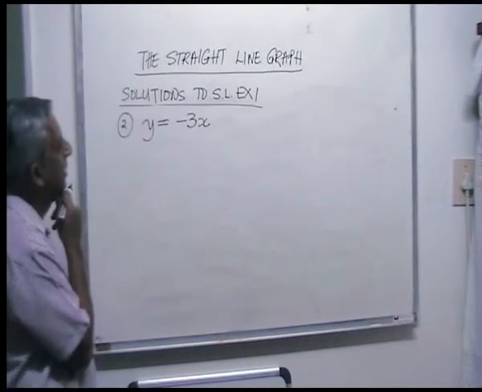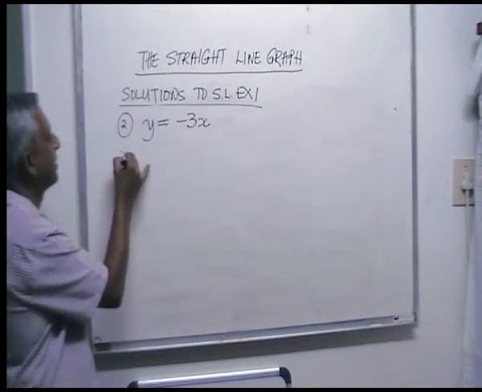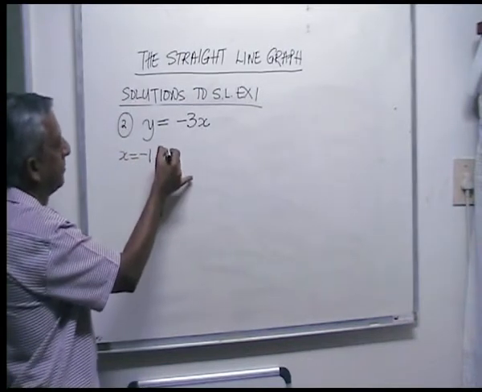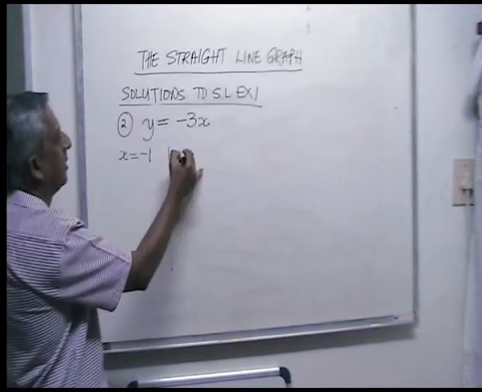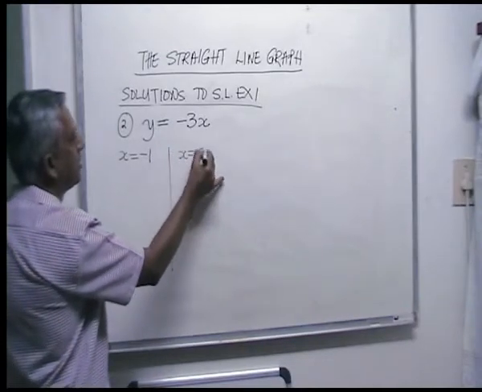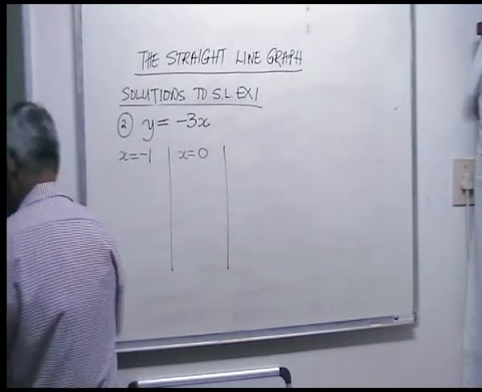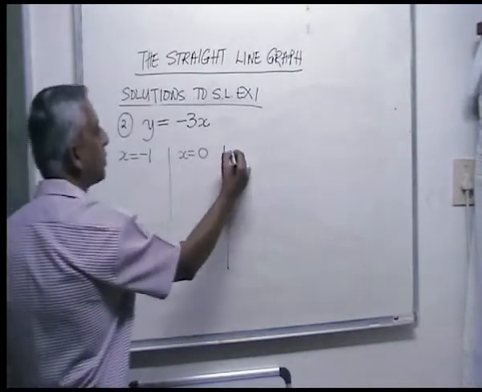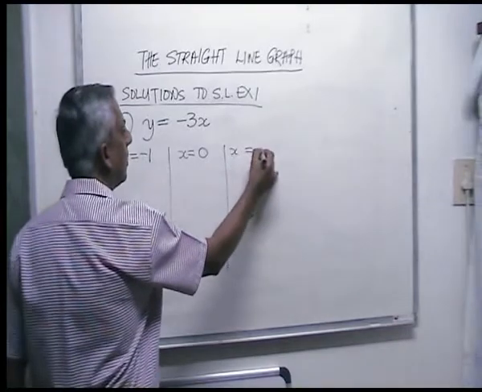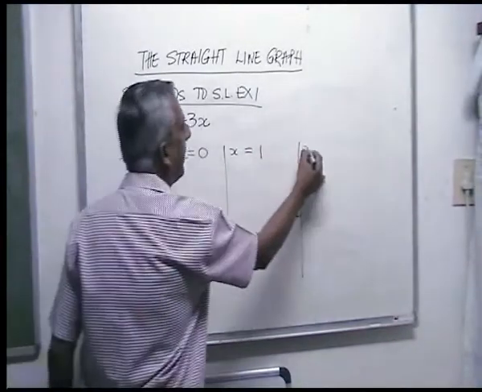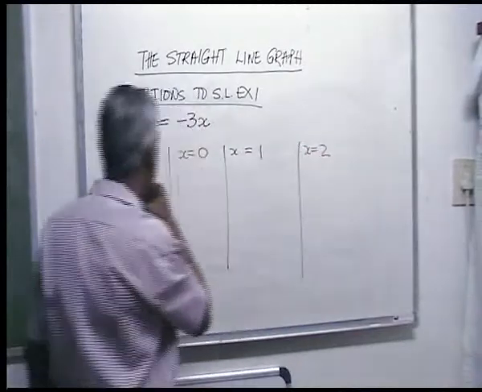Alright, I hope you got that right. Let's say you chose x is minus 1, and then you chose x is 0, and then you chose x to be 1. And somebody may have chosen x to be 2.